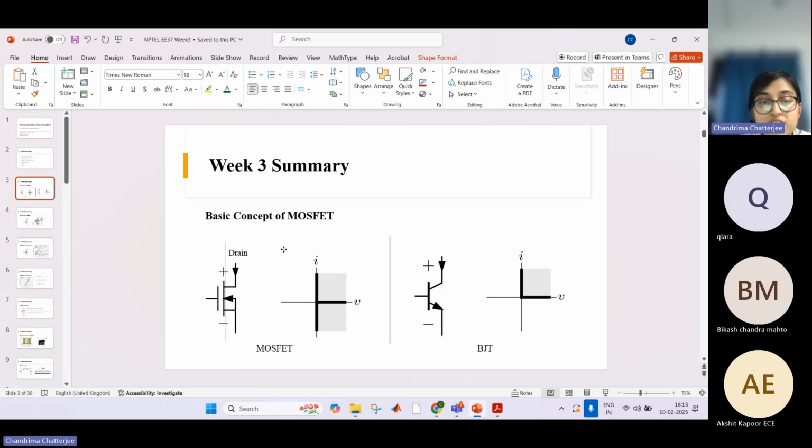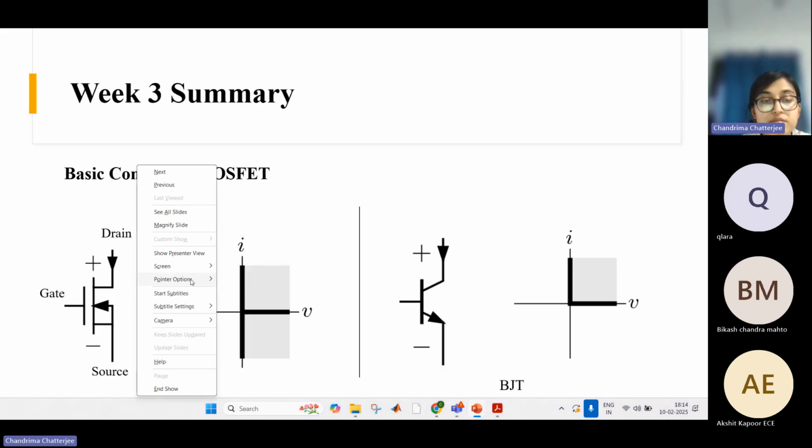This one is drain, the bottom one is source, and there is a third terminal, which we call the gate terminal, right? So these are the three terminals.